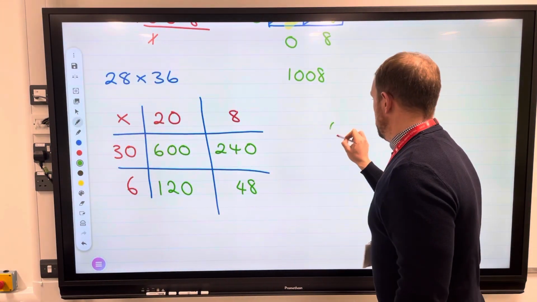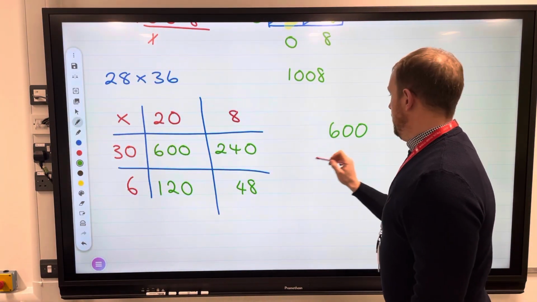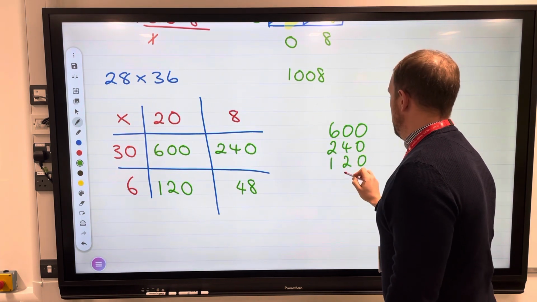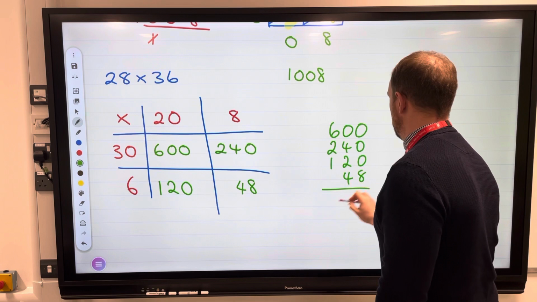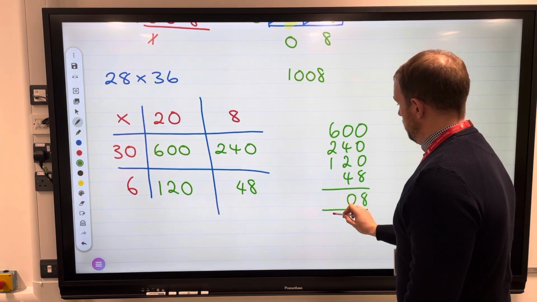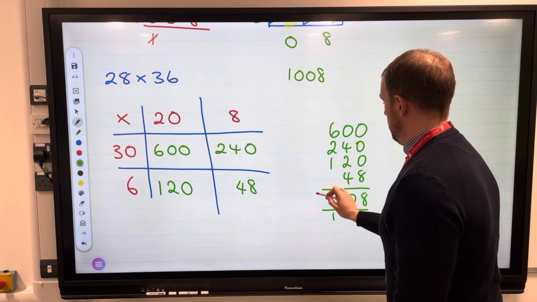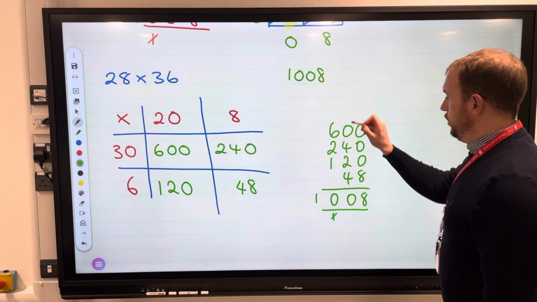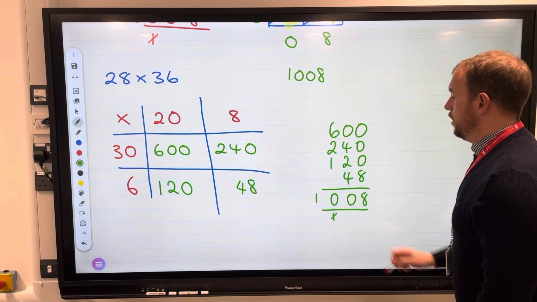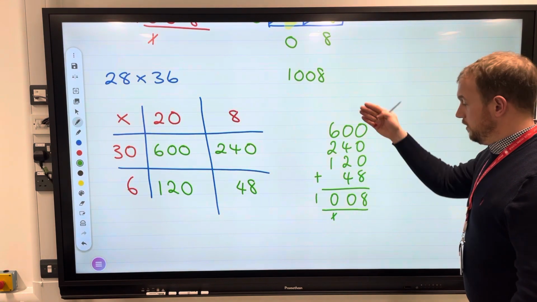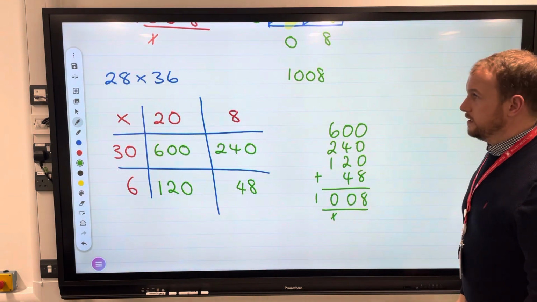So we have 600, add 240, add 120, add 48, 8, 10, 10, to make 1008. You'll notice I've lined these up using the place value with the column method to get the correct answer.